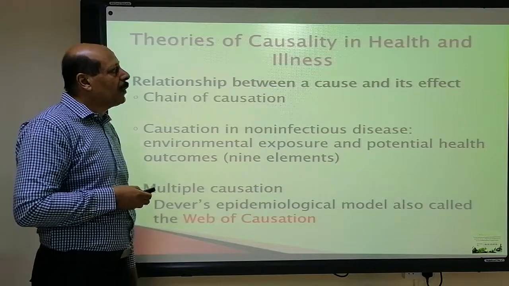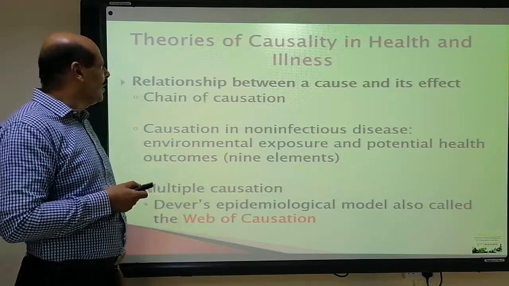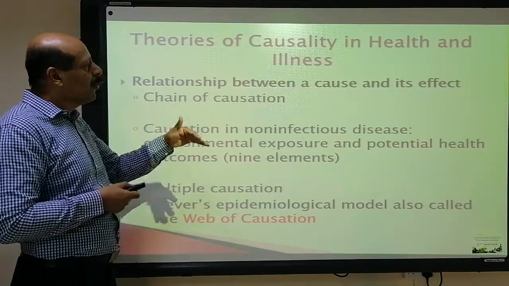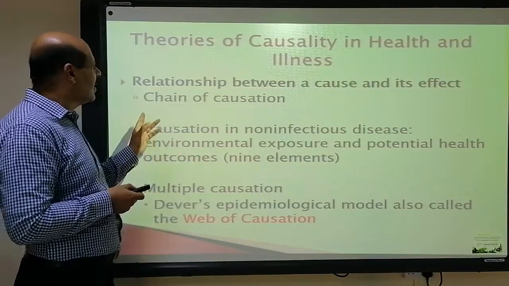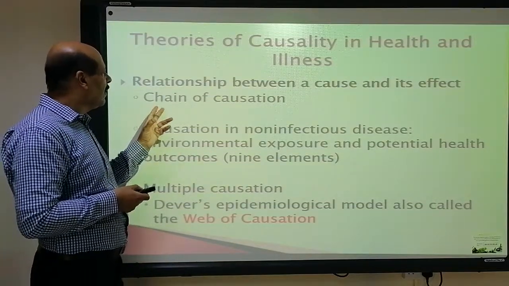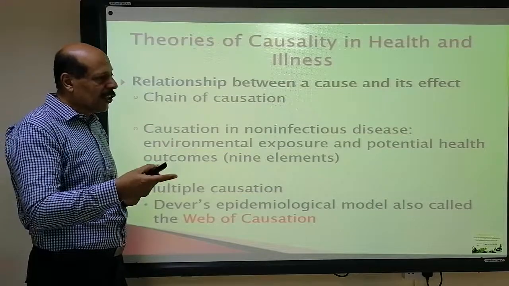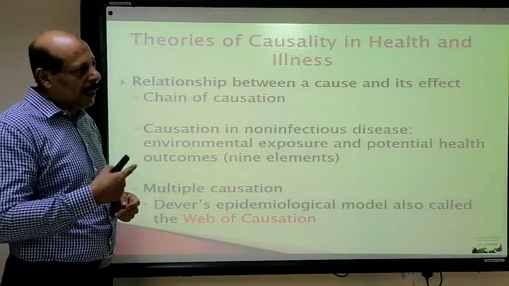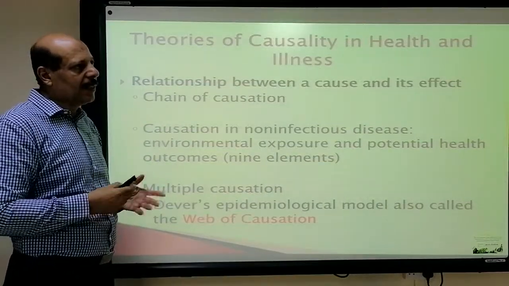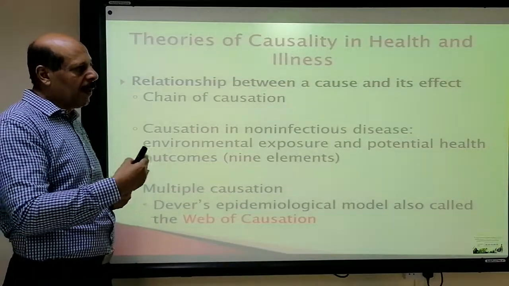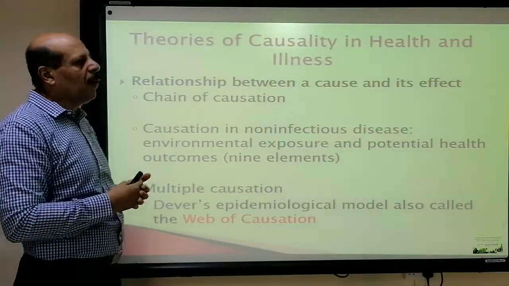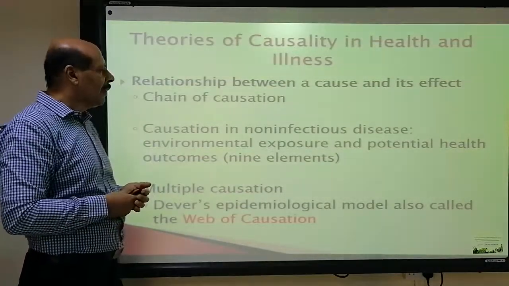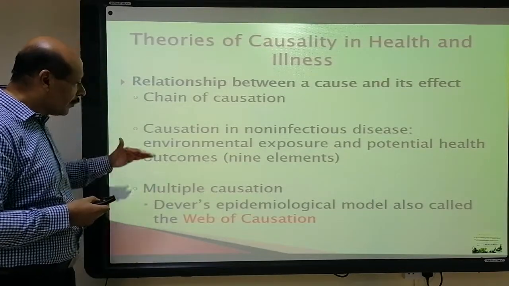Theories of causality of health and illness: the relationship between the cause and its effect, the chain of causation, how the disease behaves, how the organism behaves, and how it is transmitted and causes the infection.